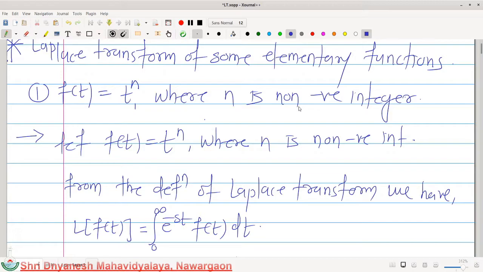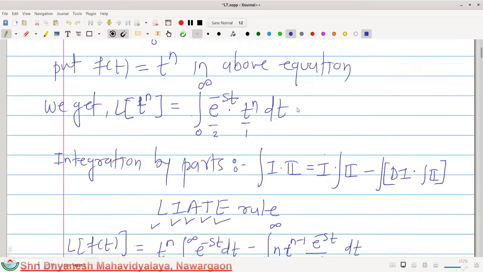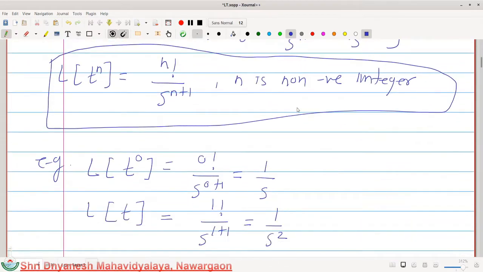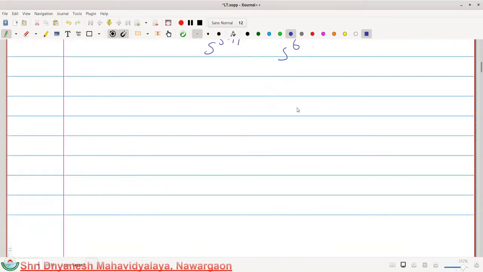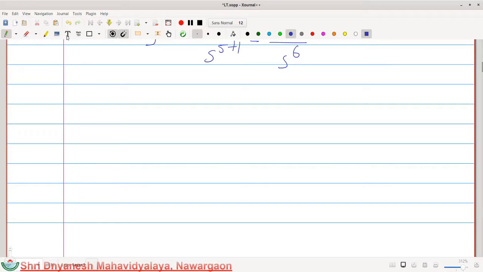All about the gamma function you have studied in the previous semester. So here we are just recalling the definition of the gamma function and some formulas we derived in the previous semesters. Recall the gamma function.